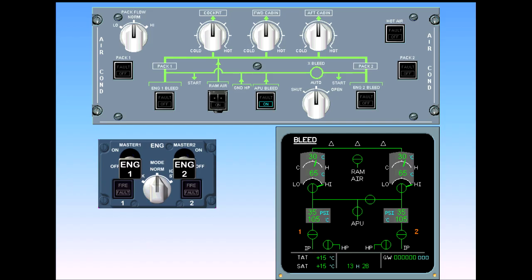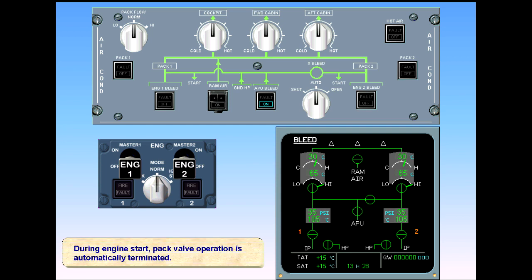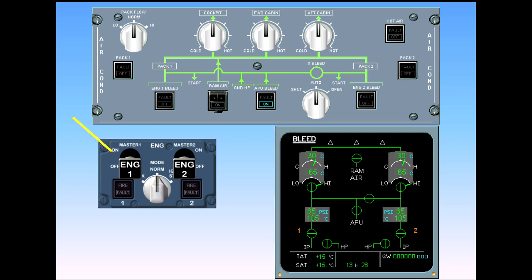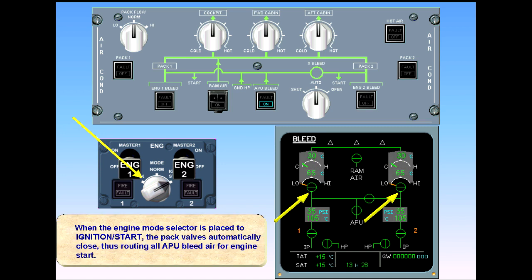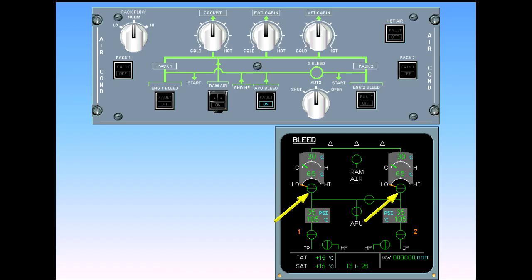During engine start, pack valve operation is automatically terminated. When the engine mode selector is placed to ignition start, the pack valves automatically close, thus routing all APU bleed air for engine start. After engine start, the pack valves reopen.